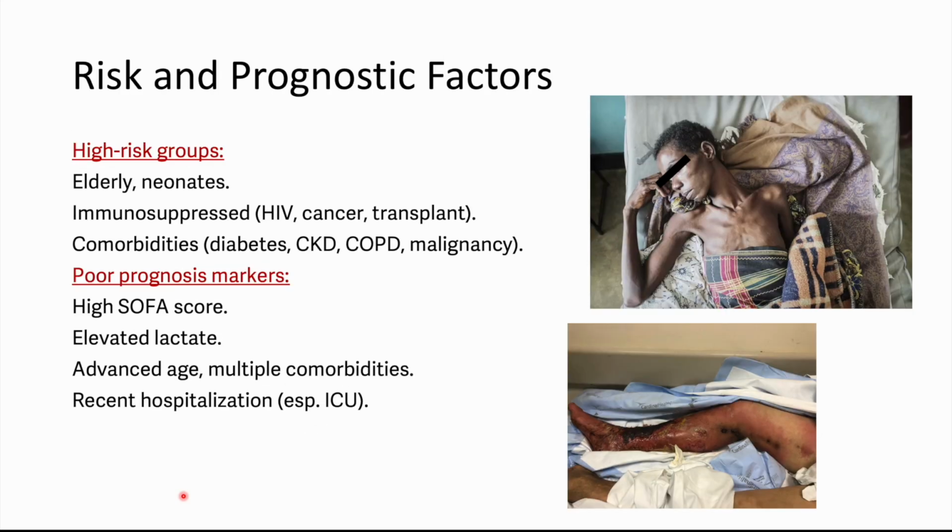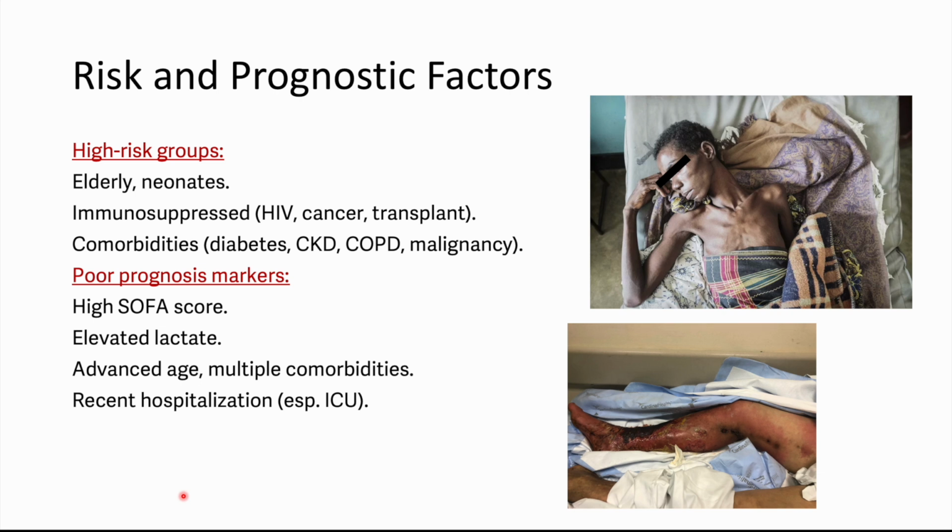So who's most at risk? Think of the extremes of age, elderly and neonates. Add immunosuppressed patients like HIV, transplant patients, cancer chemotherapy, and add comorbidities like diabetes, CKD, COPD, malignancy.